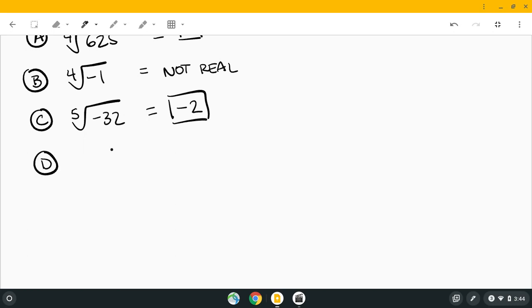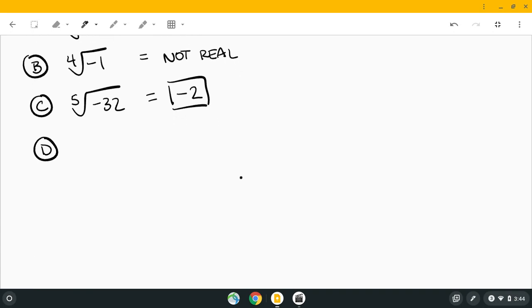So this one, the reason why we have an answer here as opposed to up here for letter B is because we can take the odd root of a negative number, but not even roots of a negative number. Odd roots are okay.